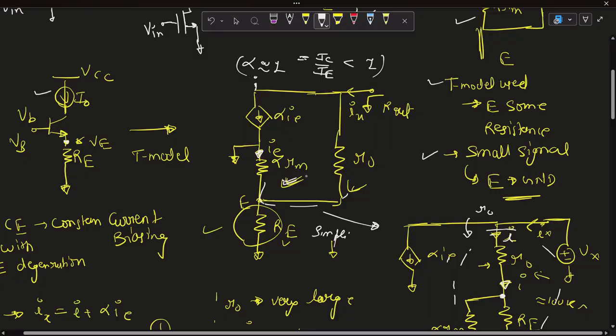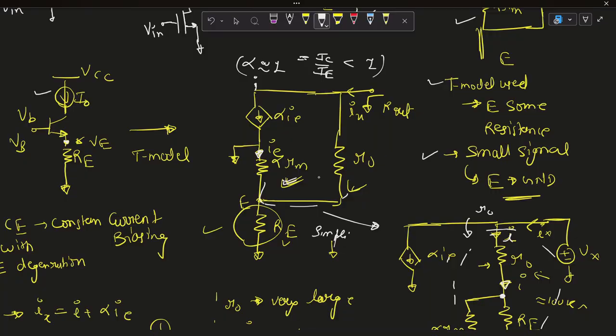So this alpha Rm is set by our fabrication engineer, our design engineer, who designed this parameter and this R naught as well. So we can't increase Rm and R naught much, but we can change this Re. So we are focusing on Re. If we increase Re gradually to higher values, it will saturate our R out.